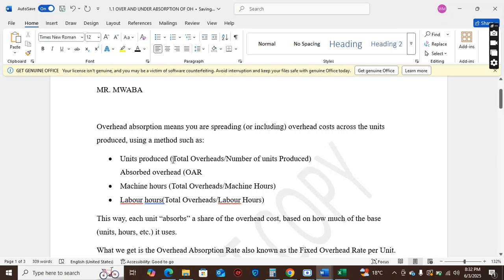When you divide total overheads by number of units produced, this gives you your overhead absorption rate, OAR. So your absorbed overhead will be your overhead absorption rate times the number of units produced.